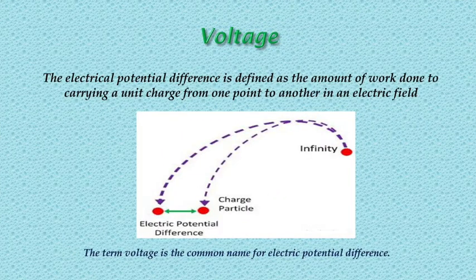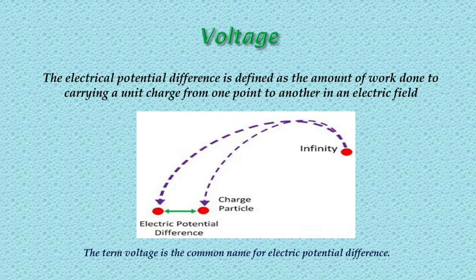Voltage. Electrical potential at a point in an electric field is defined as the amount of work to be done to bring a unit positive charge from infinity to that point. Here, infinity is a reference where electric potential is considered zero.